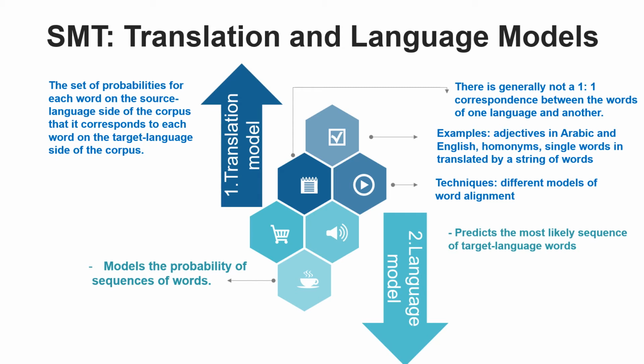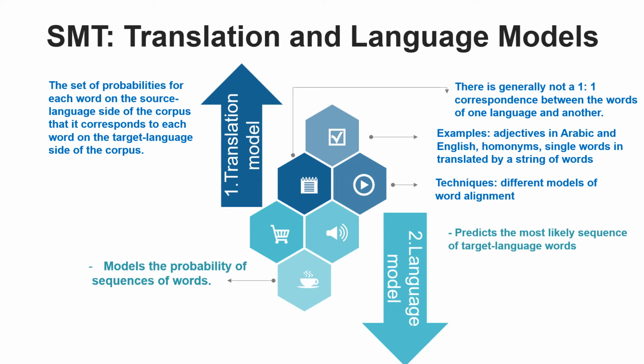For example, French translations of adjectives in English have different forms depending on gender and number agreements. Homonyms in one language will have different translations in the target language. Importantly also, some single words in one language may be translated by a string of words in the other language.